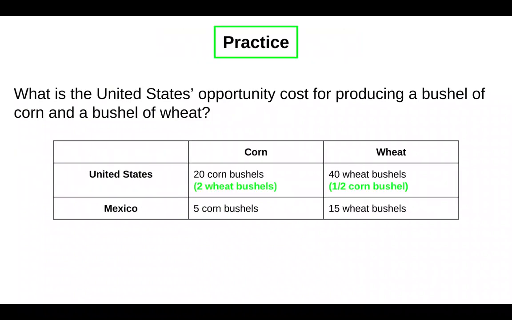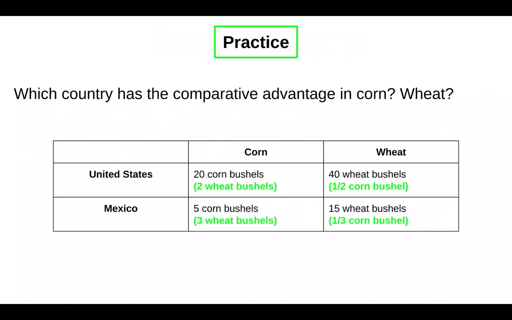So which country has the comparative advantage in corn? Well, if I look at my corn column, the US gives up 2 wheat bushels, whereas Mexico gives up 3. I would rather give up 2 wheat bushels than 3. So who's giving up 2 wheat bushels? The US. So the US should produce corn.